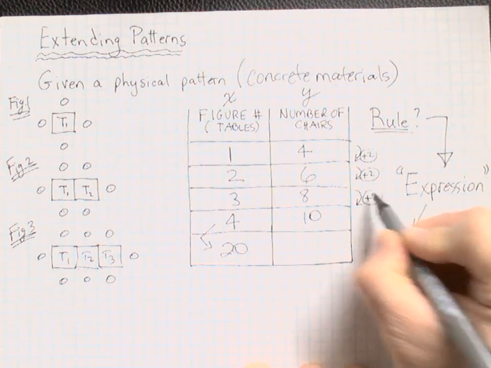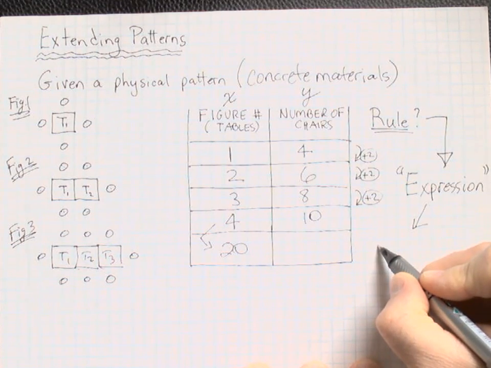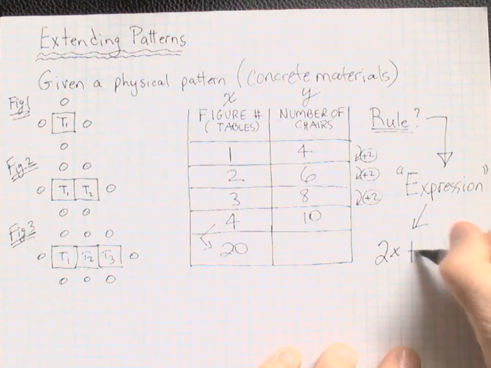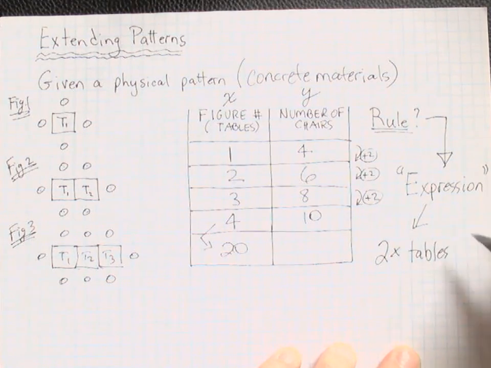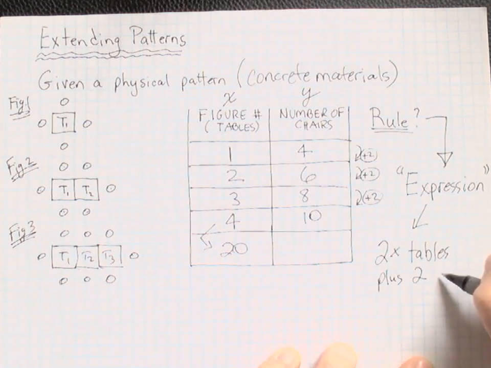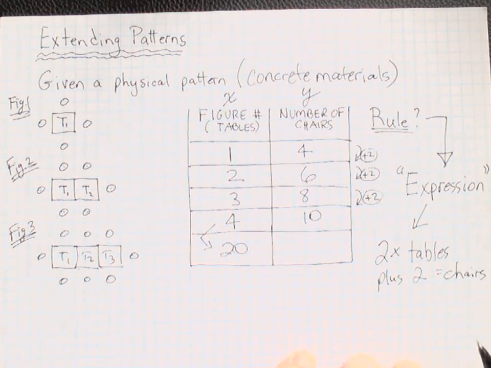And there's a trick for this which I'll show you later on, but this time the rule or the expression is 2 times the number of tables plus 2 is going to help you figure out how many chairs there are. That's a description in words.